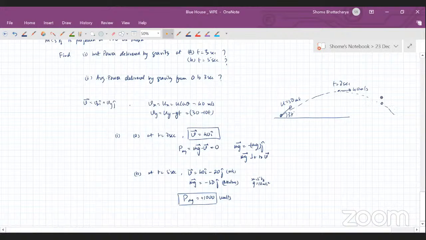Whereas it's somewhere here at t equal to 5 seconds, having a velocity like this. So at this point of time, power delivered by mg is 0. At this point of time, power delivered by mg will be positive because it's an acute angle between the two. Now for the second part, average power.